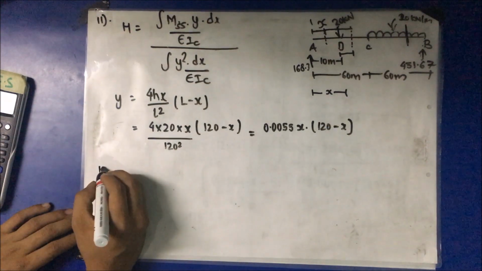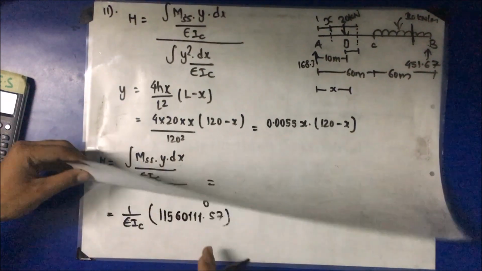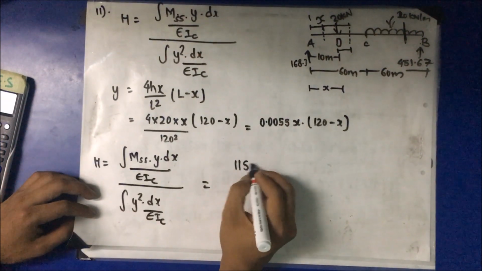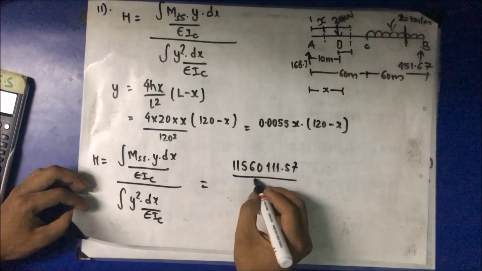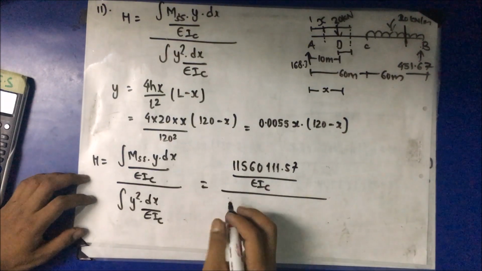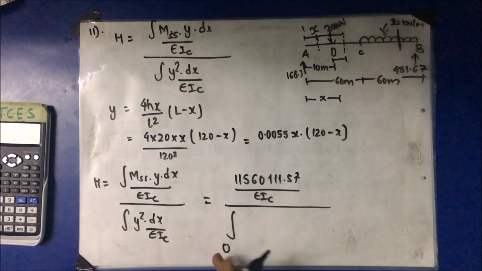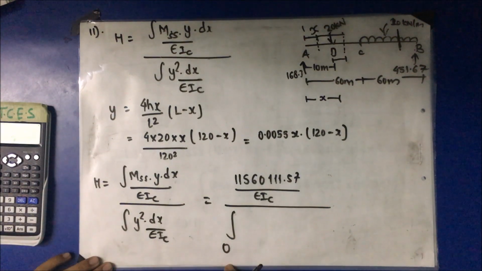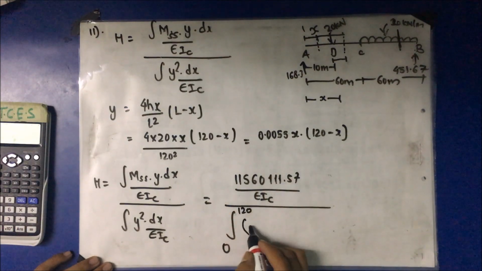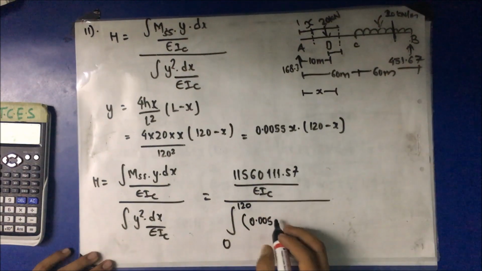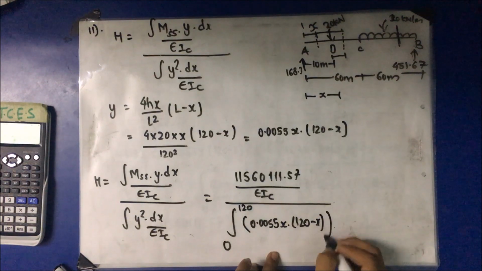So now horizontal thrust is equal to, we have calculated the numerator part, that is 1156011.57 by EI_c. Now y square, and it will be throughout this span, so 120, y square, that is 0.0055x (120 minus x) to the power square.